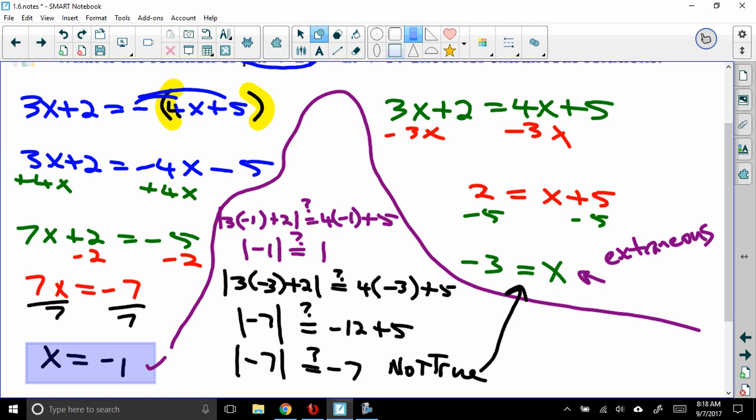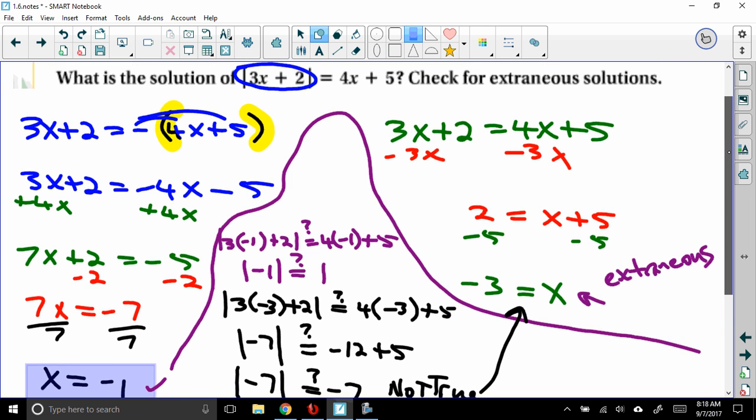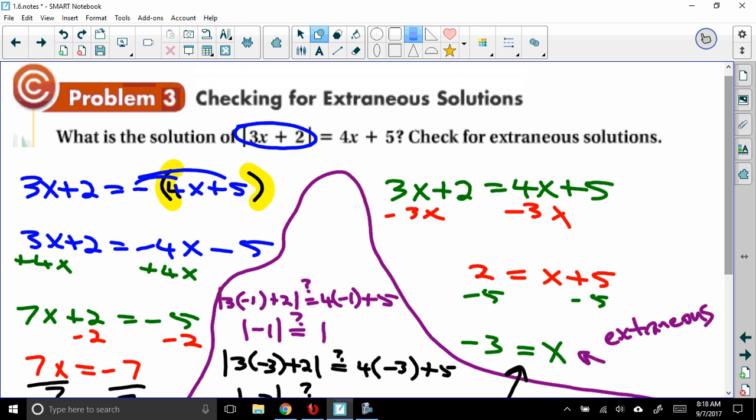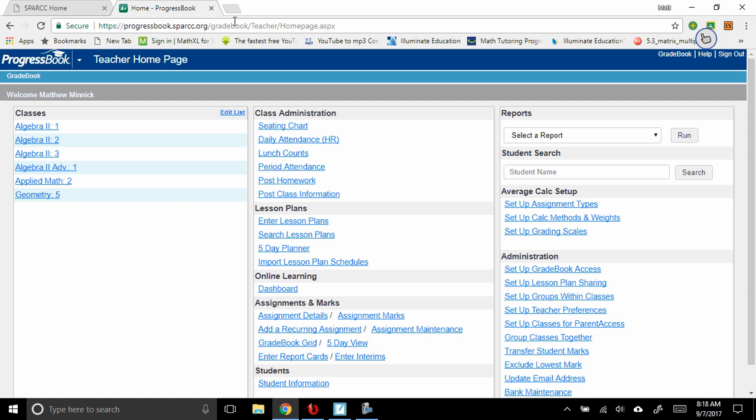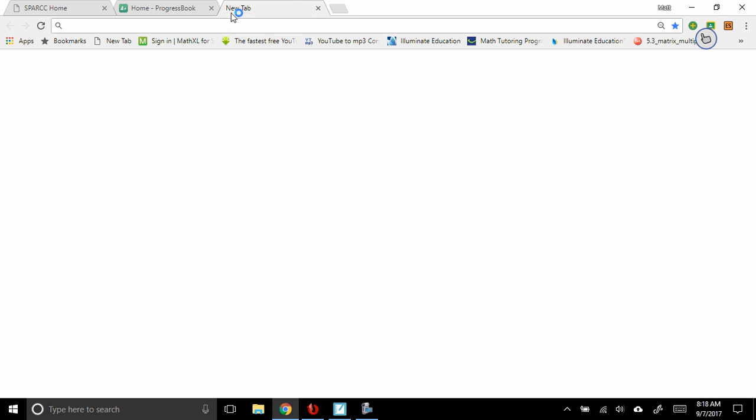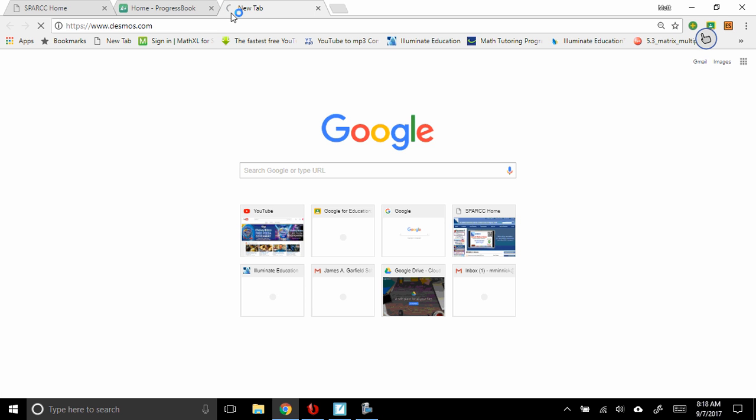If you don't believe me, I'm going to use Desmos to verify this. There's a lot of latency with my graphing calculator, so I'm going to verify this with Desmos. So I'm going to go to the World Wide Web. I love what they say about Desmos. Desmos, so great. If it loads, you can probably see it in the tab.